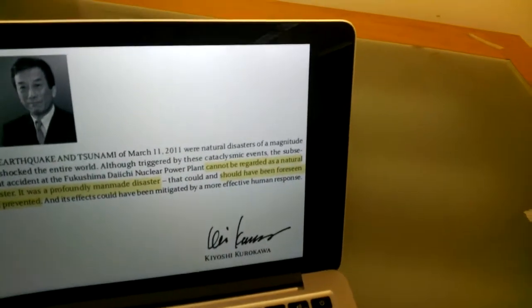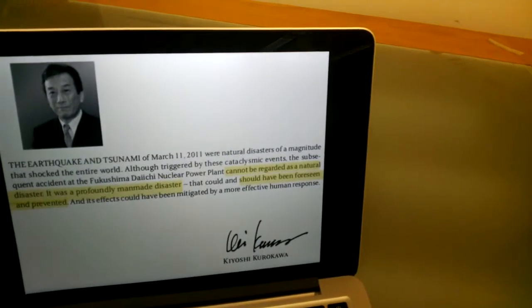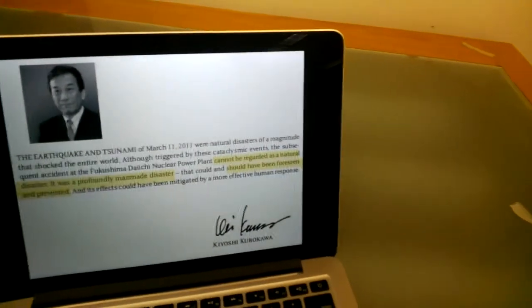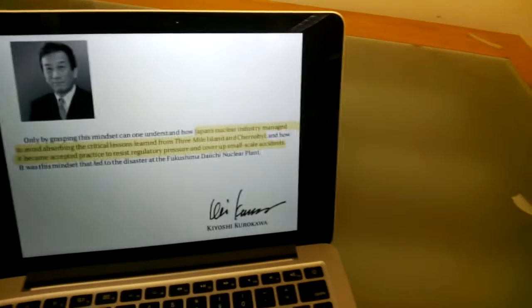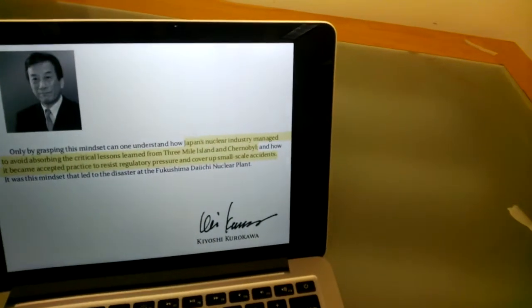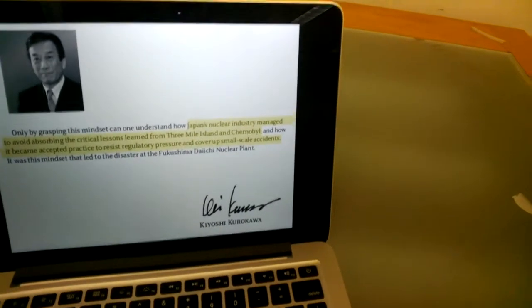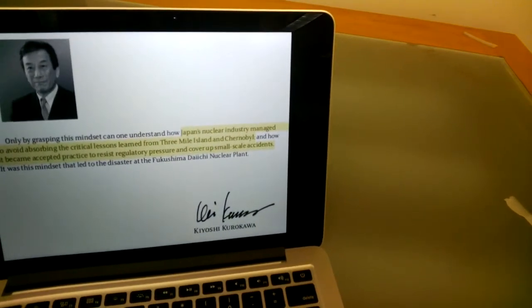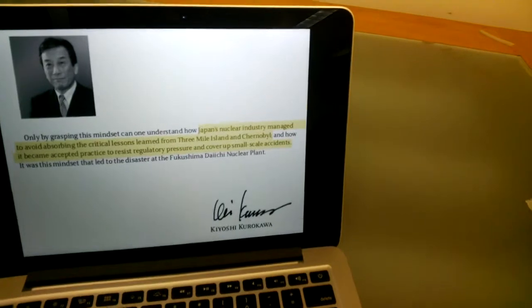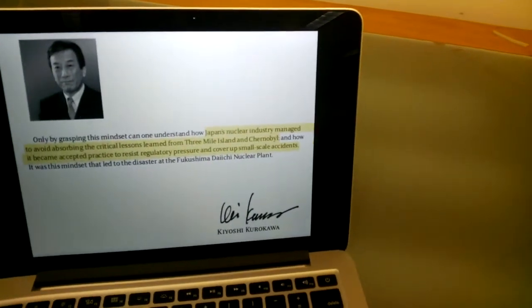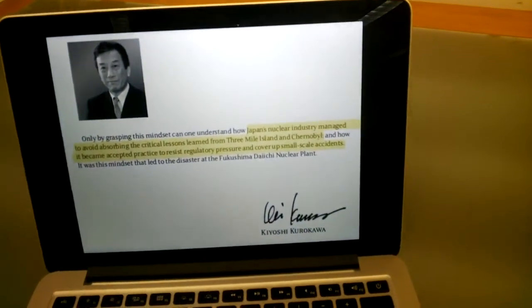They said that we cannot regard what happened as a natural disaster. It was a profoundly man-made disaster. It should have been foreseen and prevented. Moreover, he said that Japan's nuclear industry managed to avoid absorbing critical lessons learned from Three Mile Island and Chernobyl. It became accepted practice to resist regulatory pressure and cover up small-scale accidents.